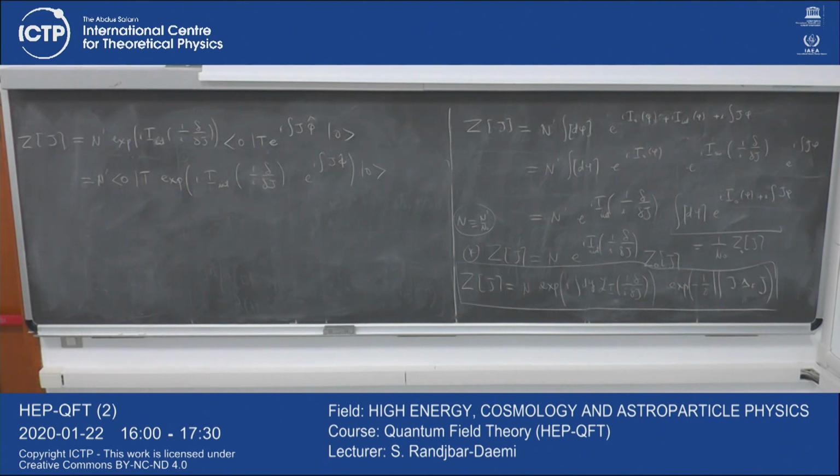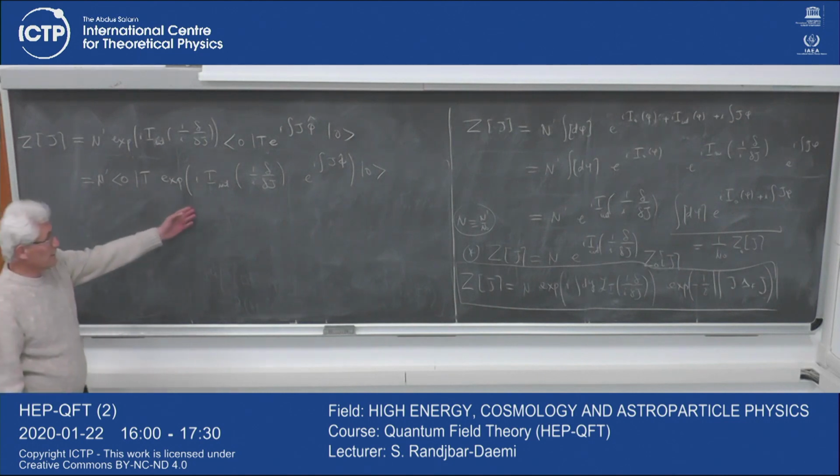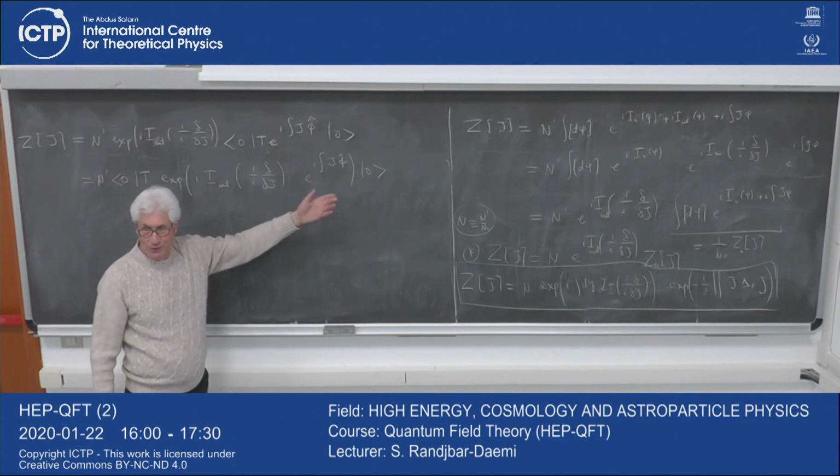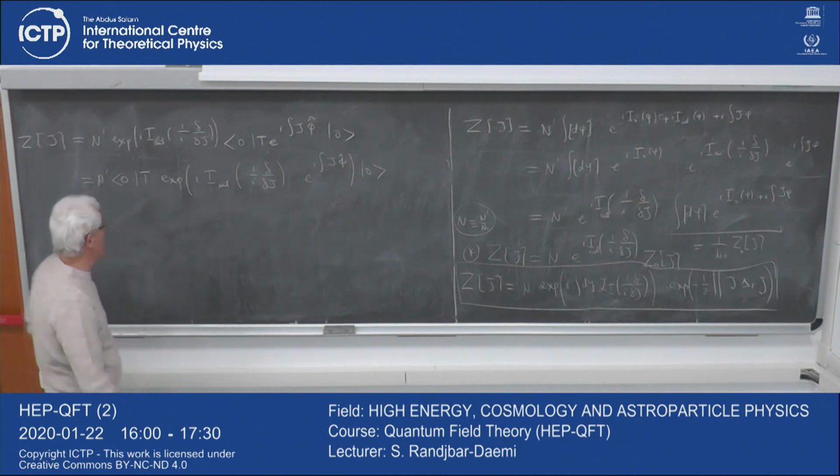Okay? Now we can actually operate on this object. Every time it hits the exponential, 1 over i d by dj will be replaced by phi hat.